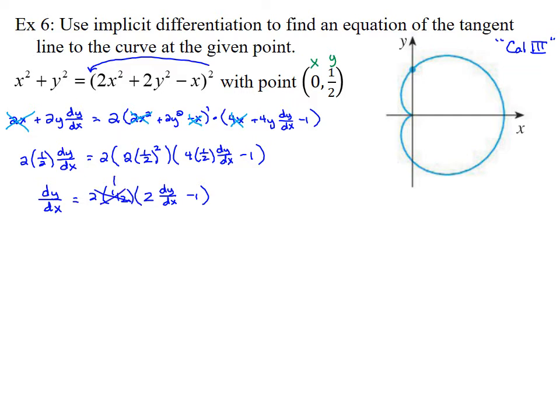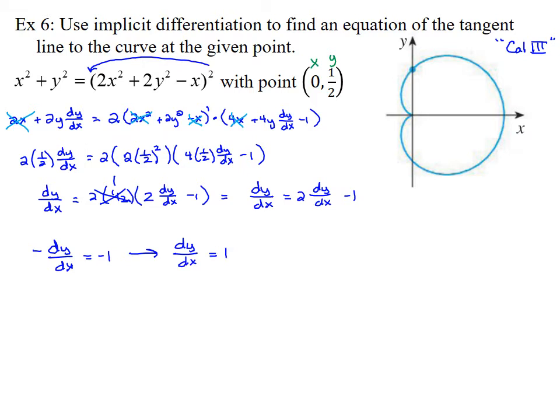If I want to get the dy/dx's by themselves, let's actually write this out so you can see. This is dy/dx equals 2 dy/dx minus 1. I'm going to move the dy/dx's to the left, so if I subtract the 2 over, you get negative dy/dx equals negative 1. And since both sides are just the negatives of what you want, you can divide both sides by negative 1, and that's even a better slope.